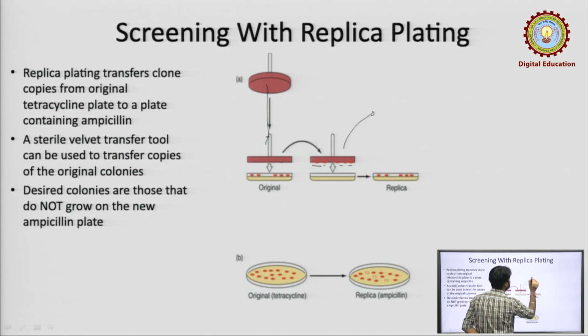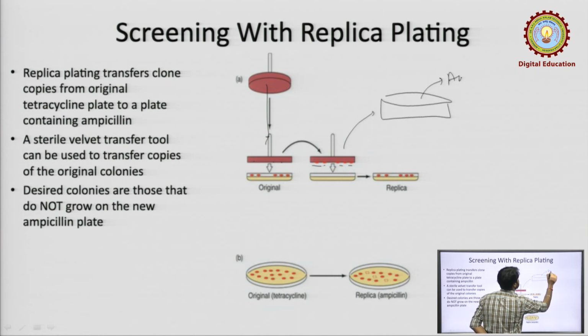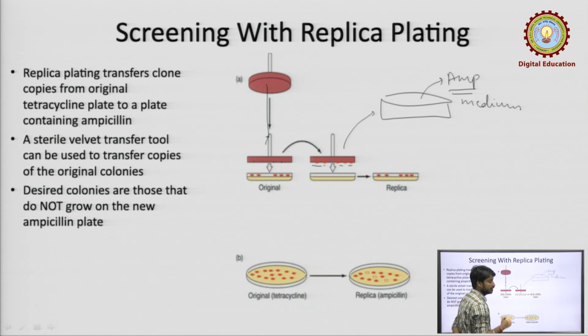After that we will plate these colonies onto an ampicillin containing medium. Here only the ones which contain intact ampicillin gene will grow, and the others will not grow. The ones which will not grow are the hosts which contain the recombinant plasmid.